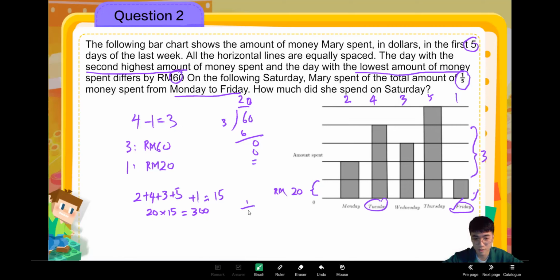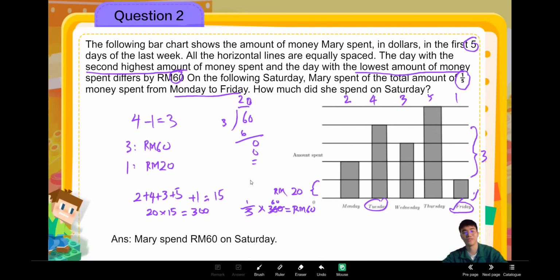So we need to use 1/5 multiplied by 300, and we get RM 60. So as a conclusion, Mary spent 60 ringgit Malaysia on Saturday.